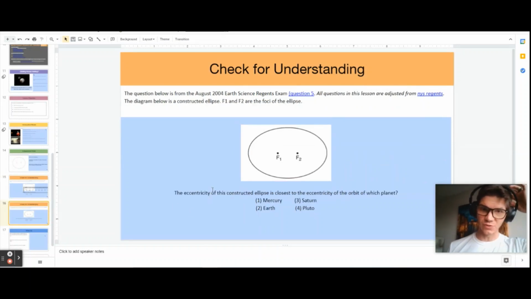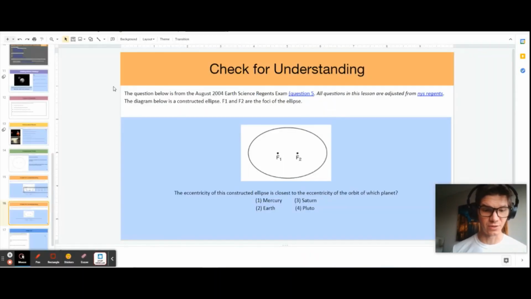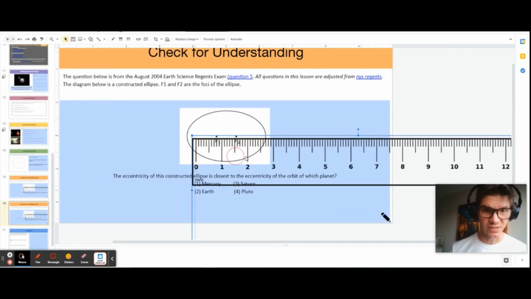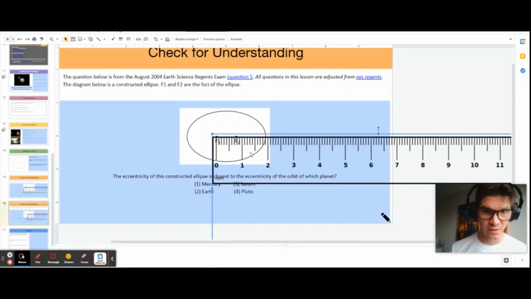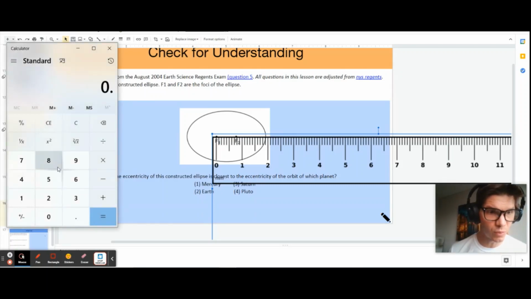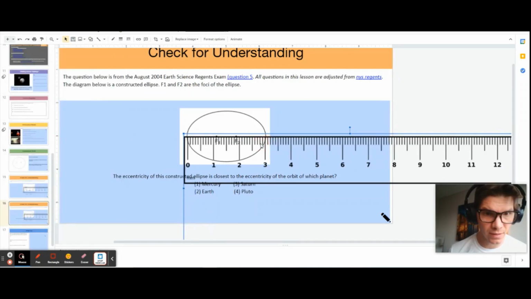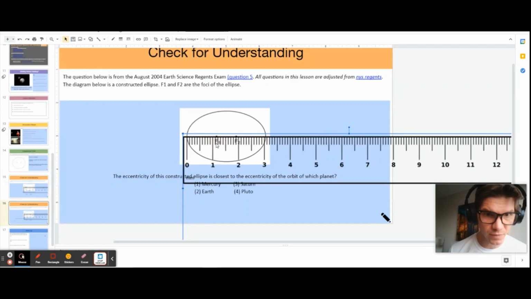This one is saying the eccentricity of this constructed ellipse is closest to, so I'm going to calculate the eccentricity, and then we are going to compare it to the data in the ESRT. For this one, I'll use the same ruler again. Our distance between foci is 0.5, 0.6, 0.7, 0.8. So let's clear this, 0.8 divided by the major axis.